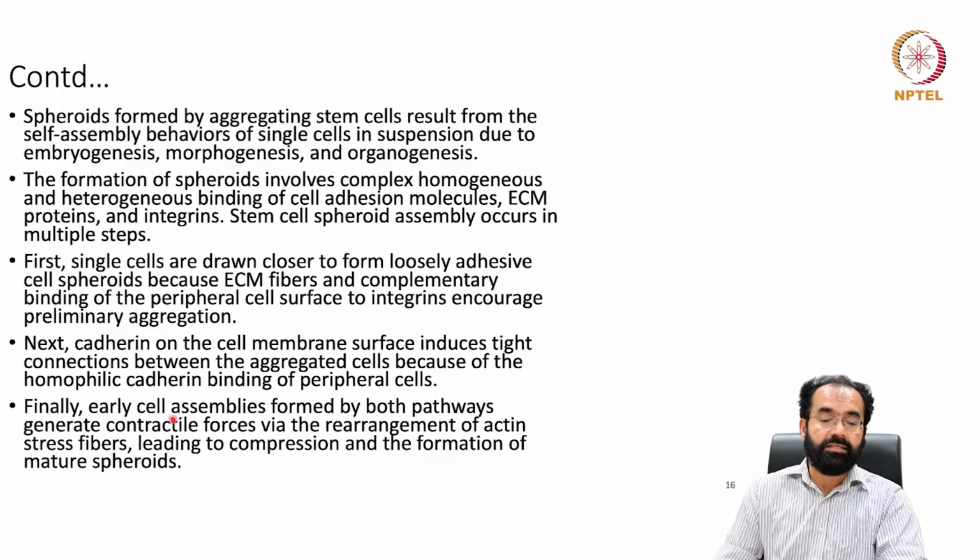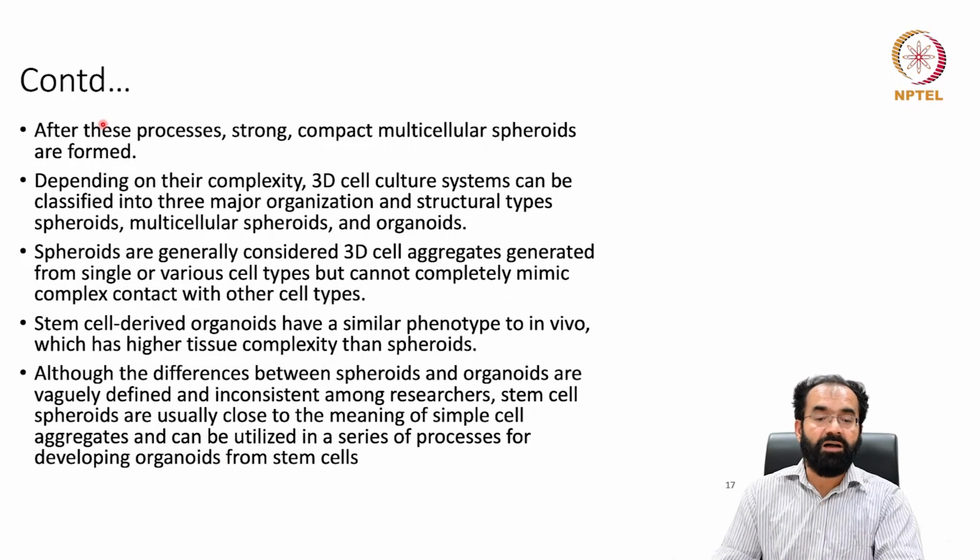Finally, early cell assemblies formed by both pathways generate contractile forces via the rearrangement of actin stress fibers, leading to compression. Like I told you, the mechanotransduction leads to compression and the formation of mature spheroids. So after these processes, strong, compact, multicellular spheroids are formed.